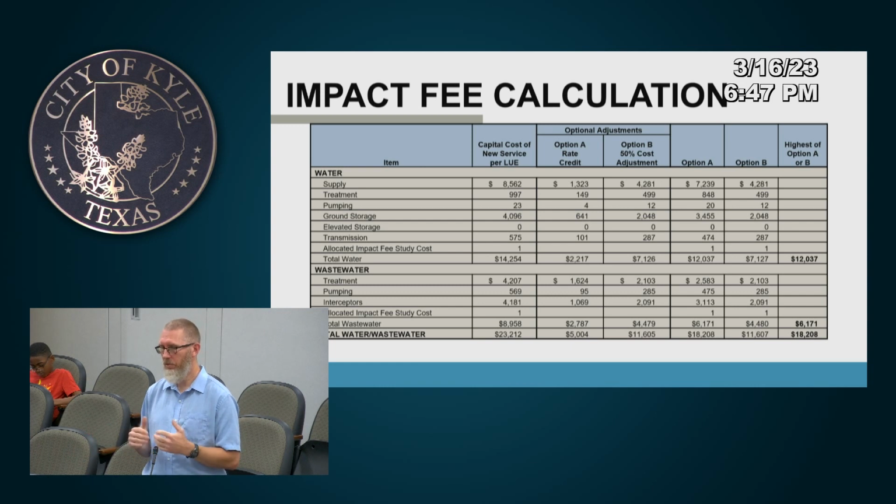So Chapter 395 says one option would just be to cut that in half. They assumed that no way is anyone paying for 50% of this through their utility rate, so surely that would be enough. Or, like I said, we can do a rate credit option, and we presented both options here.